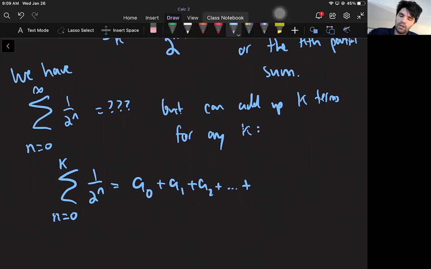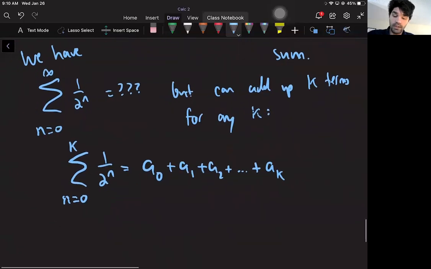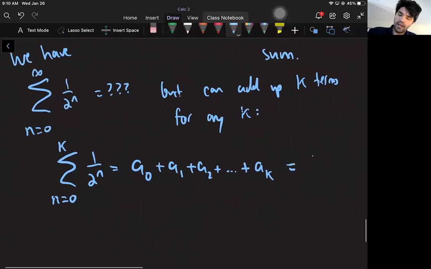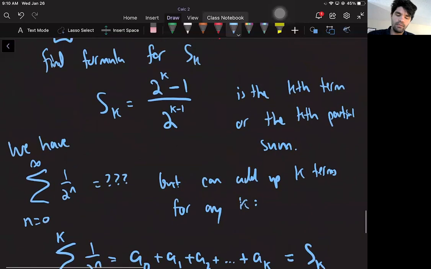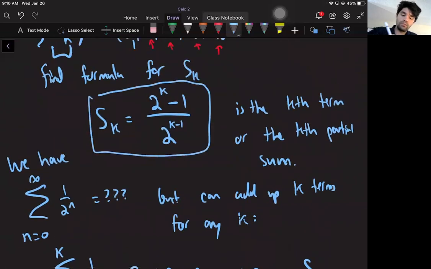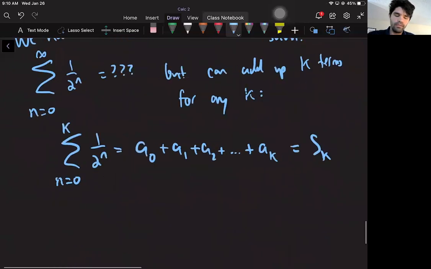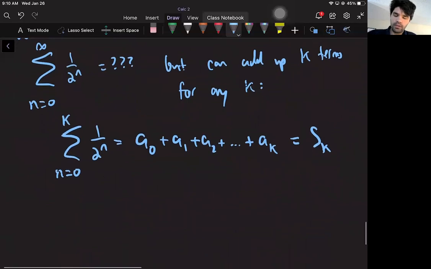We go to the AK, and that's the last one. So that's what this is, and this is really SK, which we just figured out, which is this thing up here. It's a very long argument, so try to stick with it.